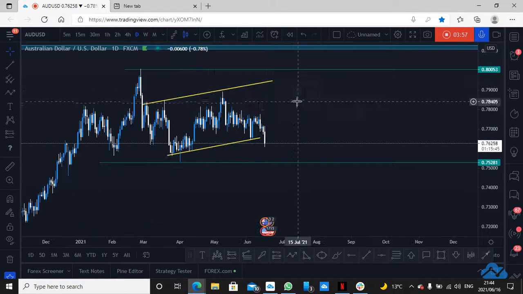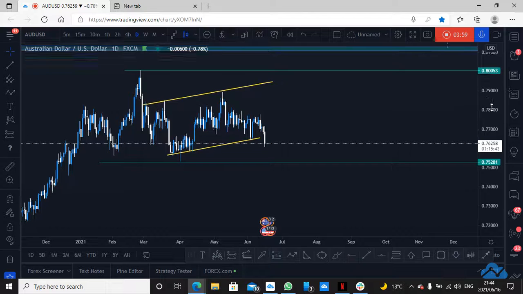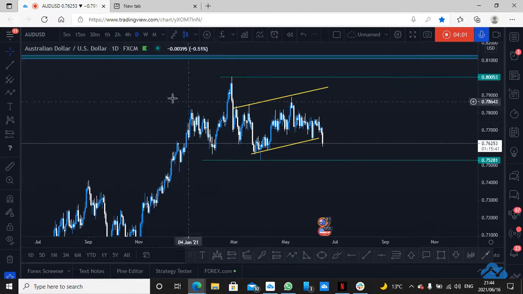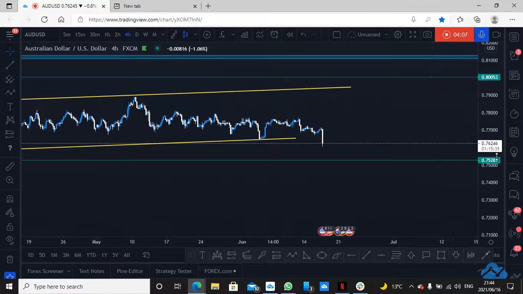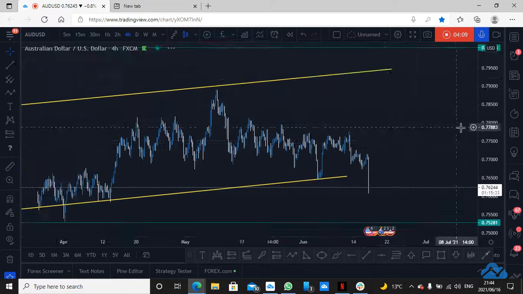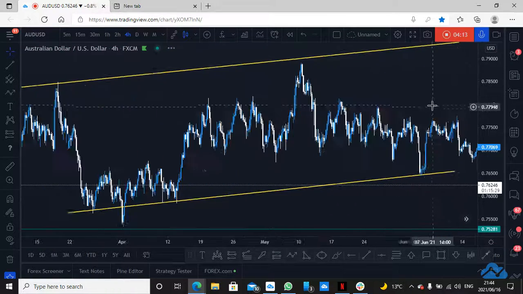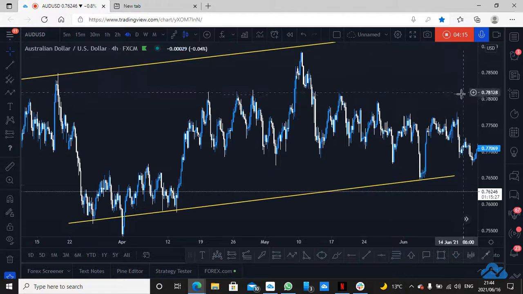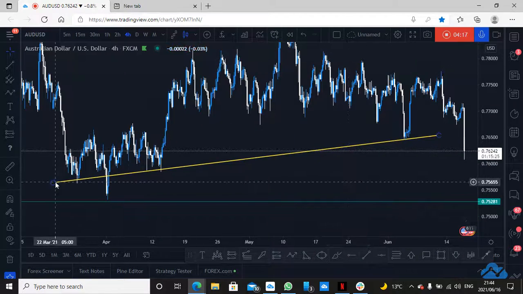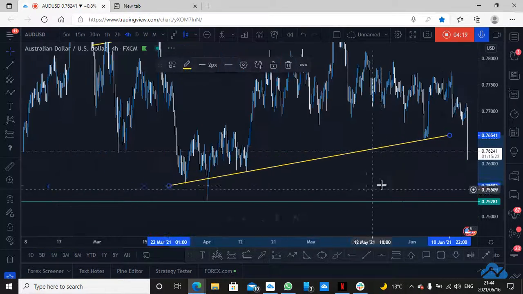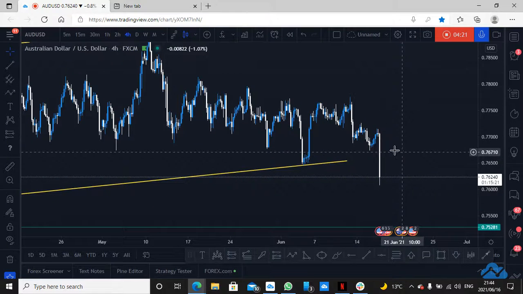This is on the daily, and then I'll go down to the 4 hour time frame, so you can also see exactly how my thought process was, and how I was looking at this price overall as the structure played out, right?